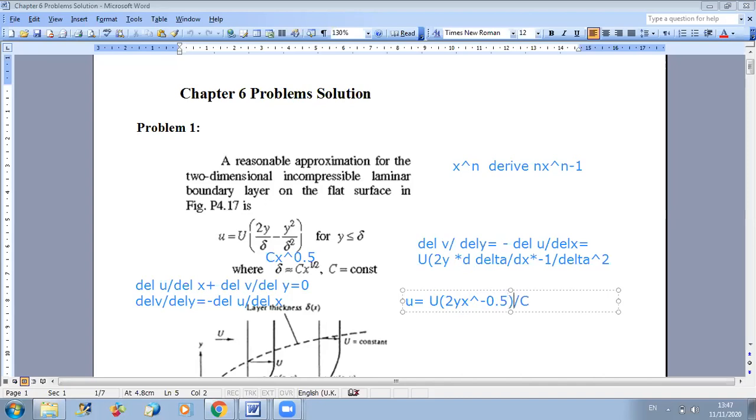And for the second term I have minus y squared over c squared times x to the power minus 1.